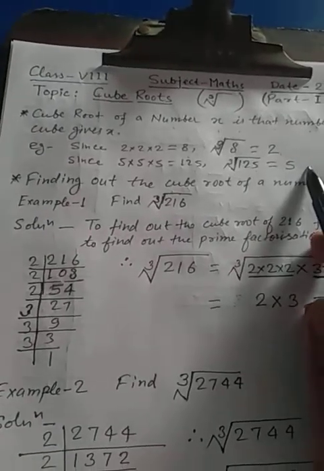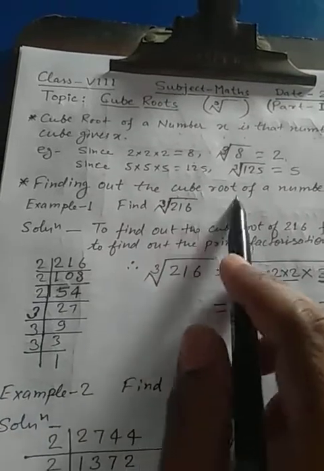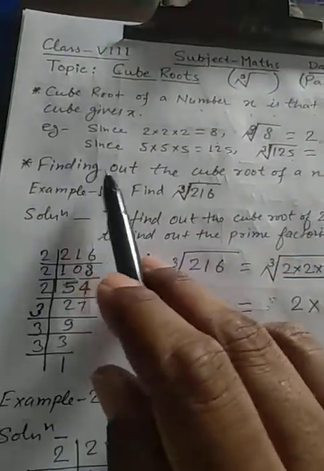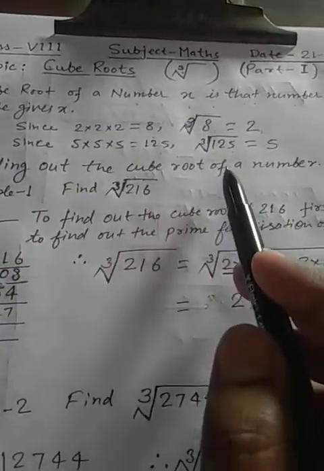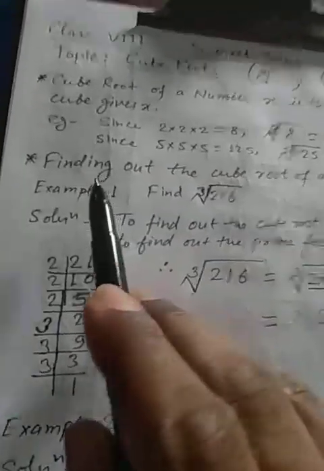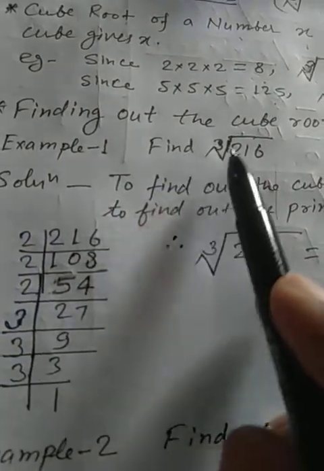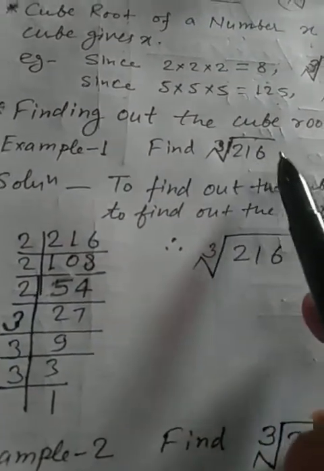How can we find out the cube root of a number? Here I am taking an example: find the cube root of 216.